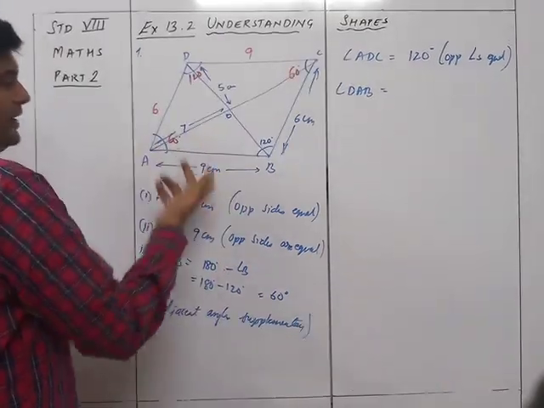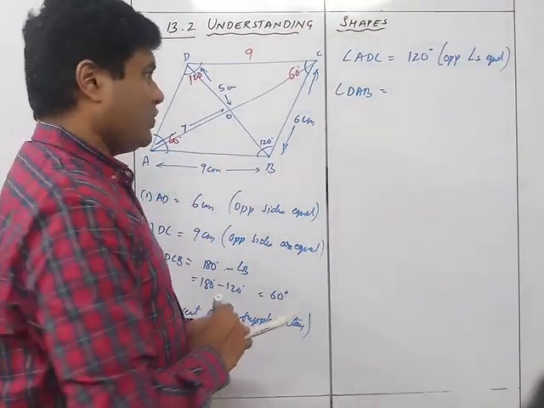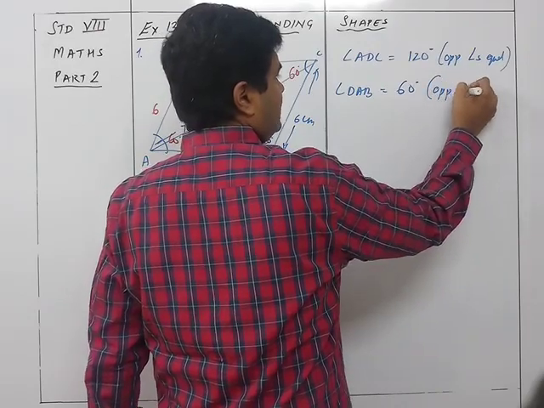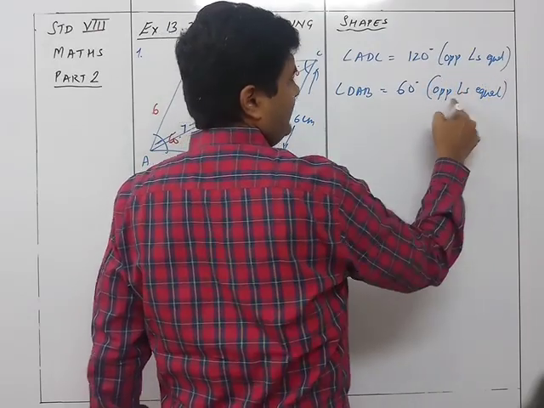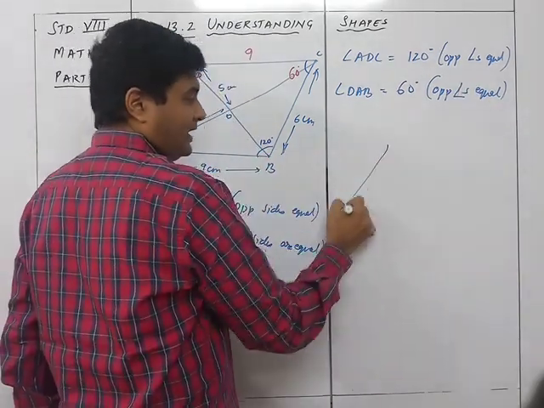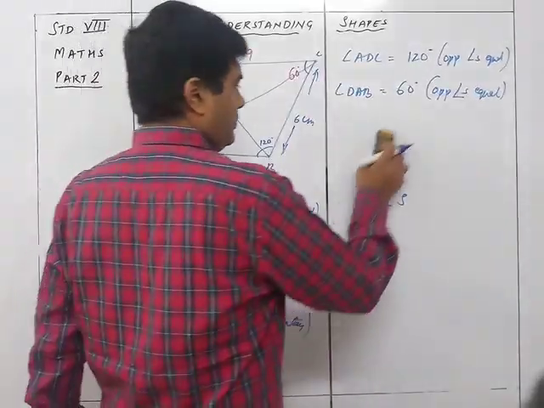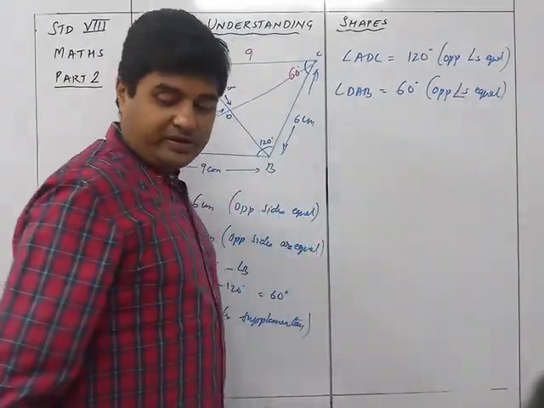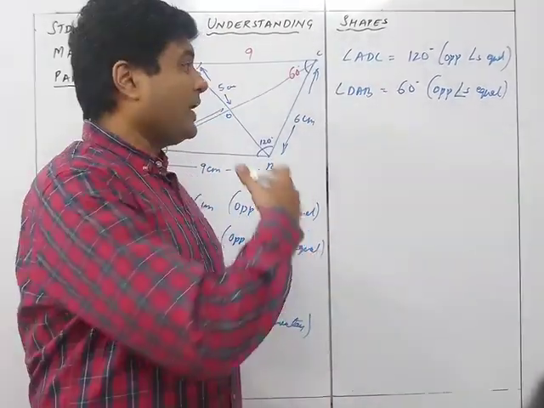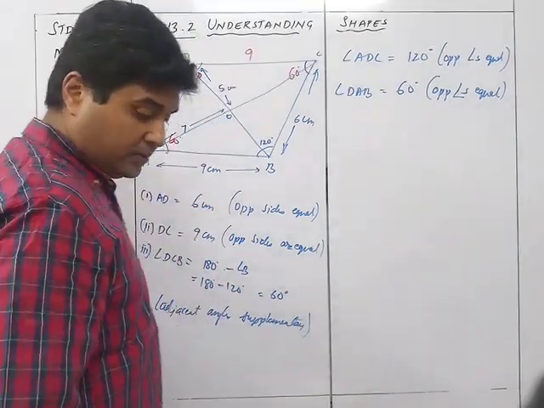You can also use the adjacent angle supplementary. It's your choice, whatever you want to use. So 60 degrees, reason opposite angles equal. The short form of angles is this, but please don't use it in school for your examinations. I'm just writing it short because there are many questions, so we'll cut it short.